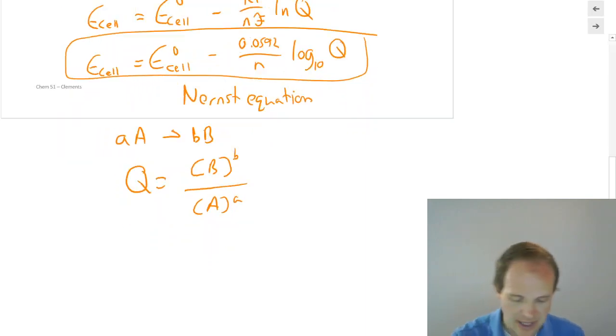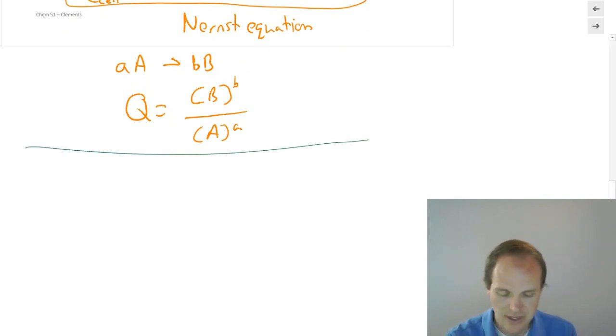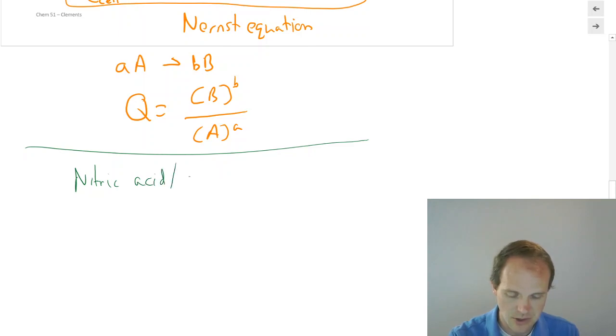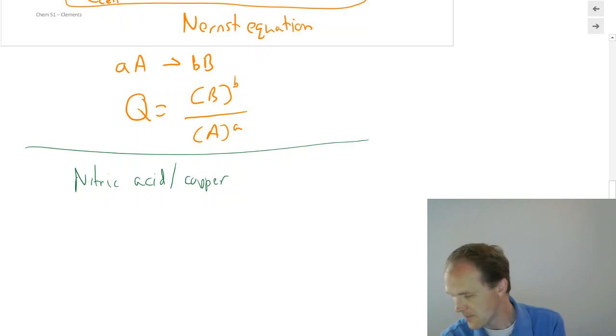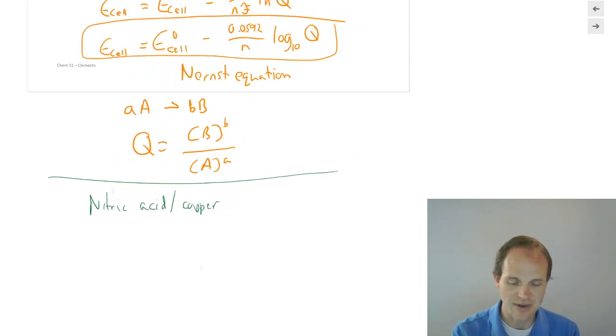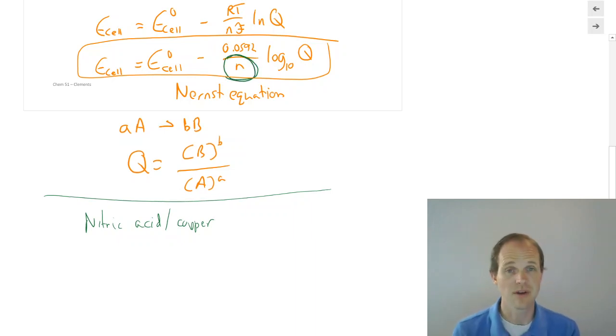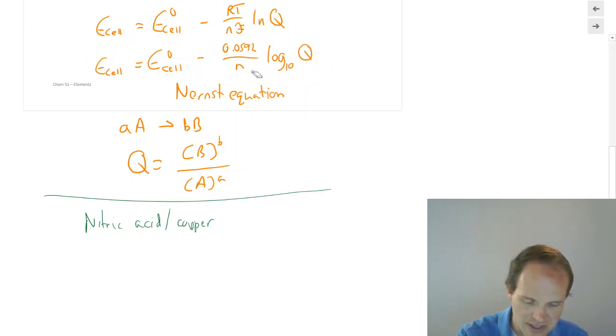So let's go ahead and do a quick example on that one. We're going to do that nitric acid, copper cell that we did before. Now, the difficulty here is that we now need to know everything. We need to know n. n comes from the balanced reaction, but we can usually get that by looking at the two half reactions and making sure those n's are balanced.